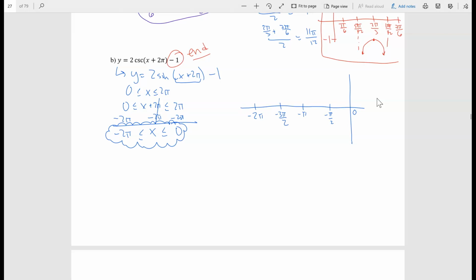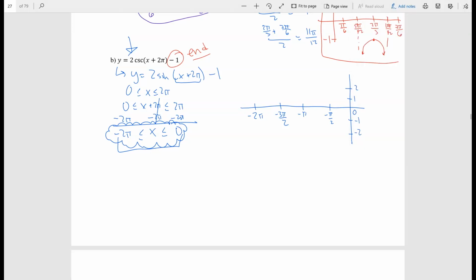Now that we know where all the points are, we have to take care of this amplitude, which is a 2. That means that instead of a 1, we're now going to be at a 2. So the amplitude in this case is 2.